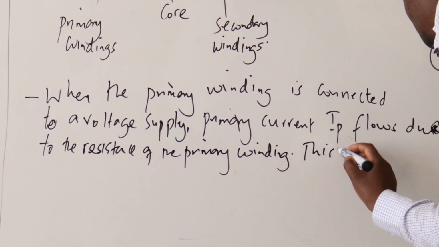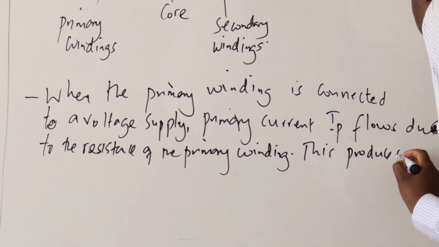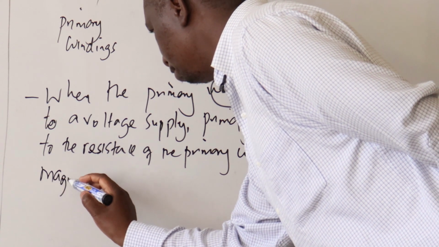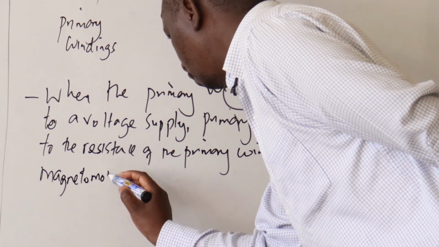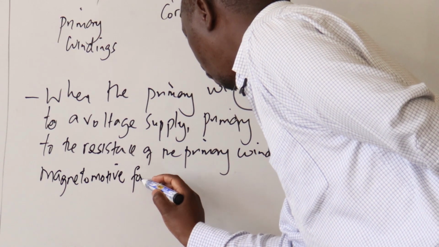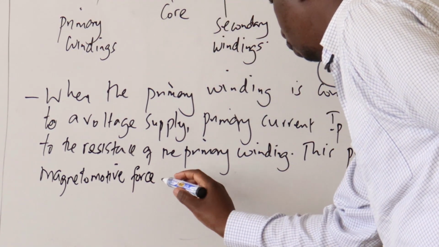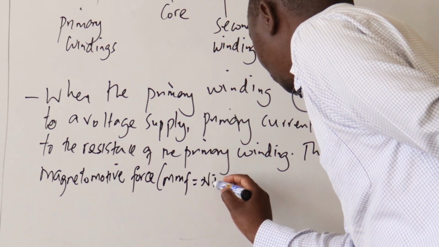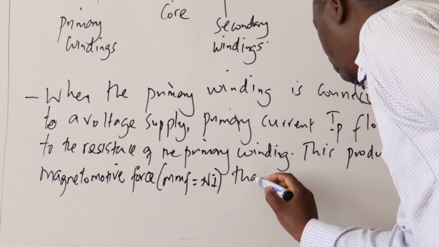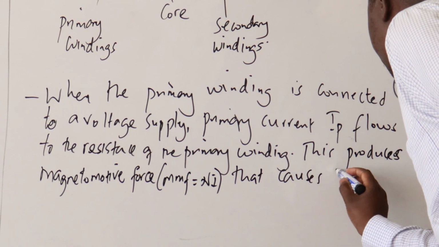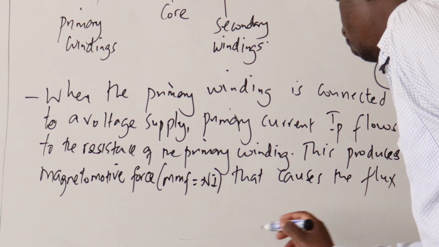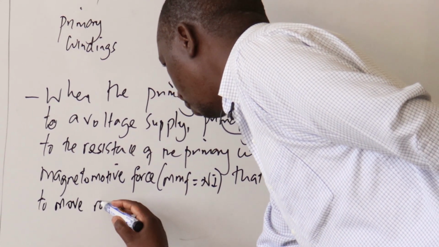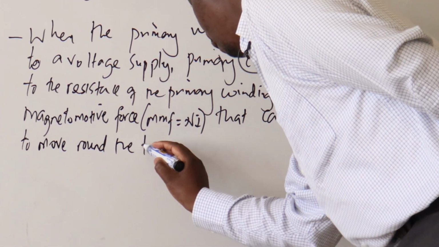This produces magnetomotive force, normally abbreviated as mmf, which is given by Ni, that causes the flux to move around the transformer core.